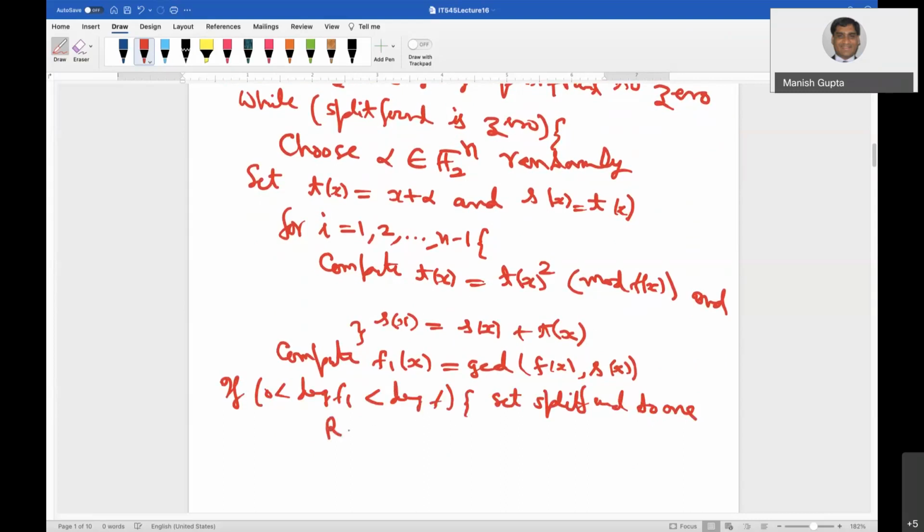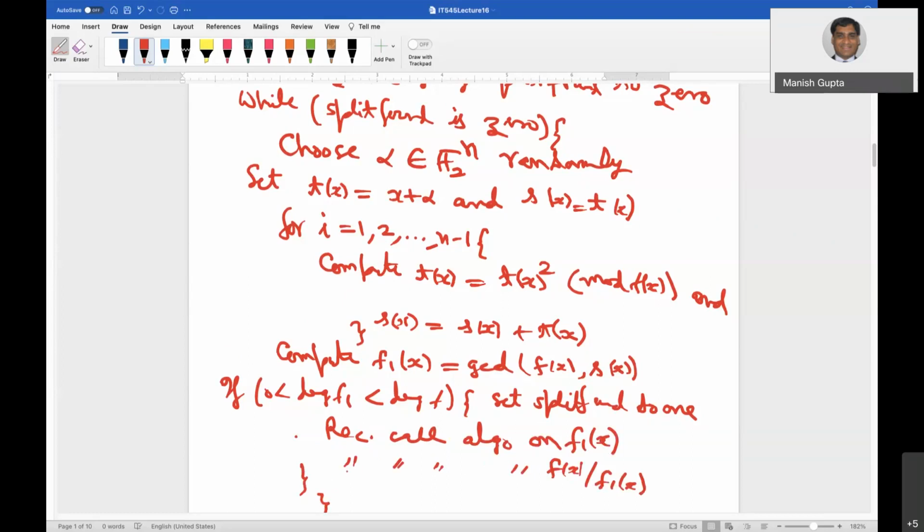Then recursively call this algorithm on f1(x), doing the same thing again, and recursively call the algorithm on the cofactor, which is f(x) divided by f1(x). That's all, ending. So this is the algorithm.